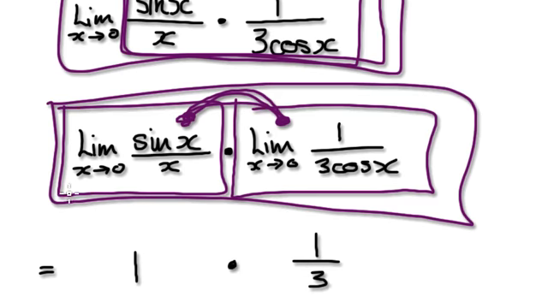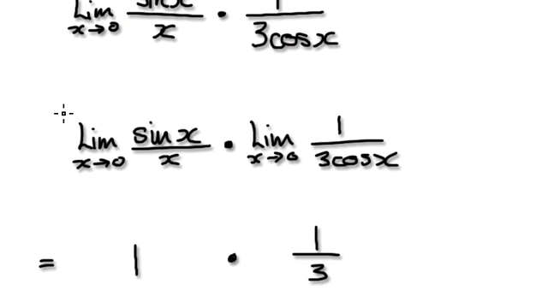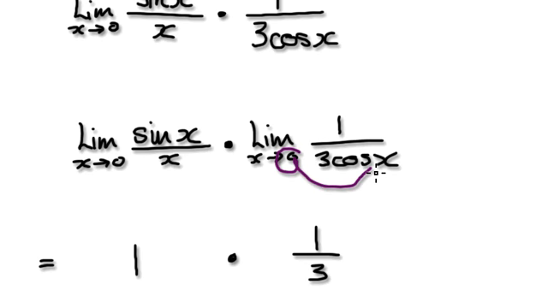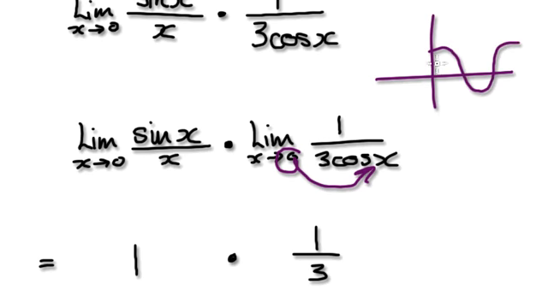Okay, and then this here, you must know by now that the limit of this here as x approaches 0 is 1. And here you've got a scenario where nothing breaks down. If you put 0 into here, remember cos of 0 is actually 1.